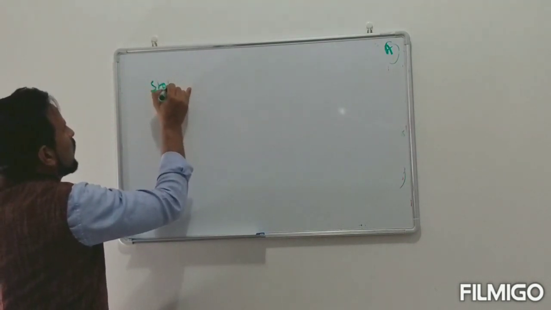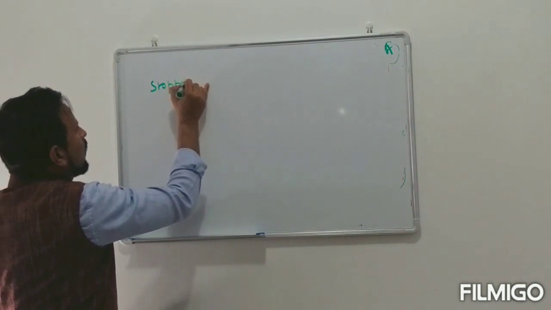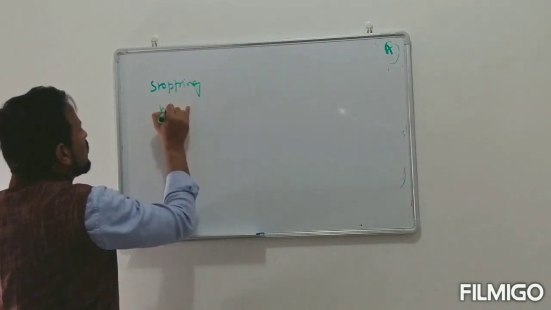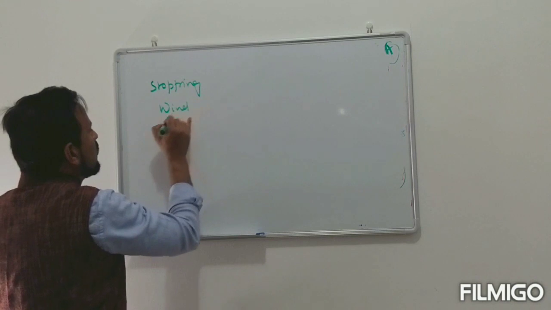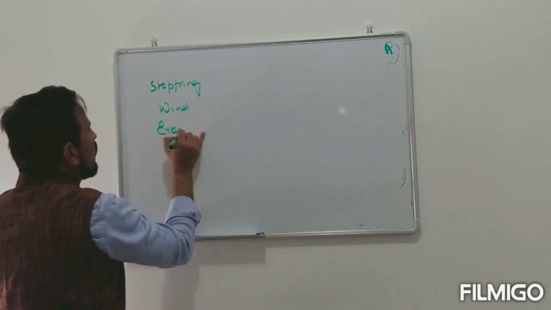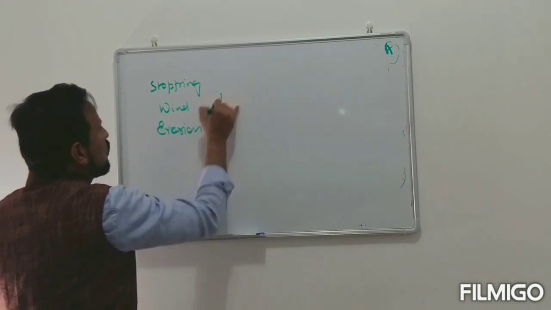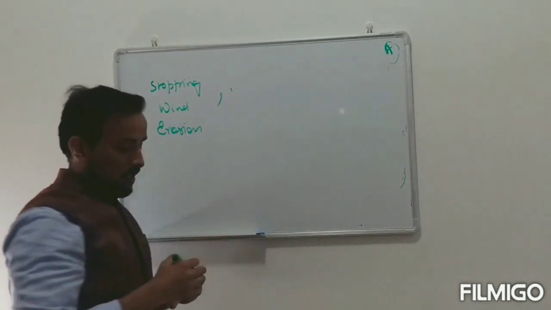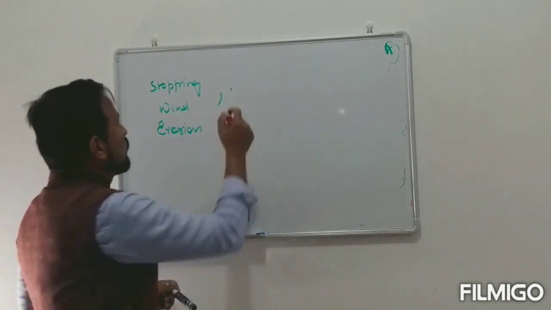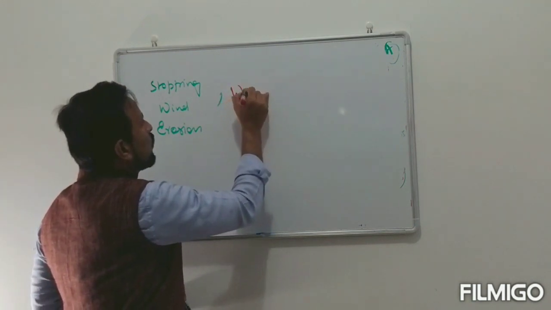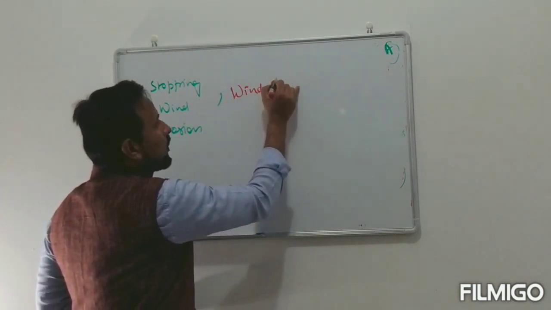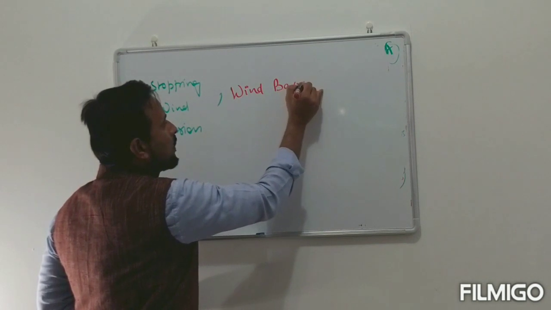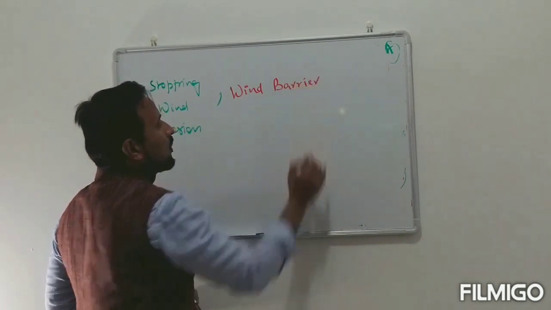Stopping wind erosion, right? So mostly one approach which is used here to stop wind erosion is the wind barrier, right?